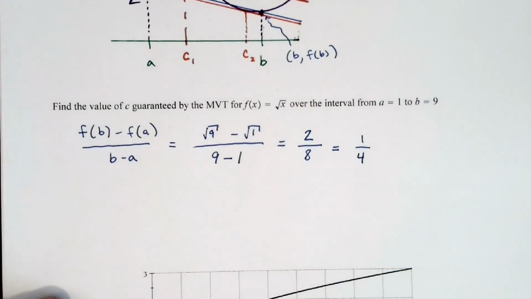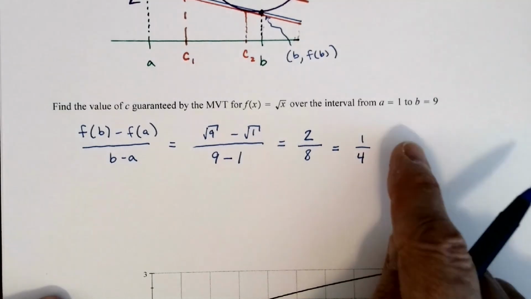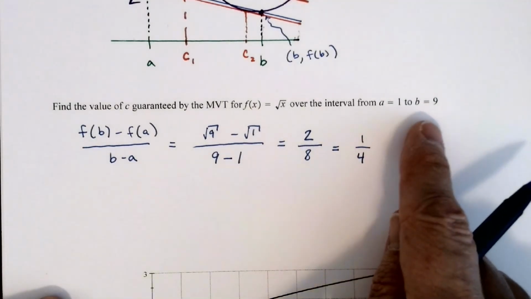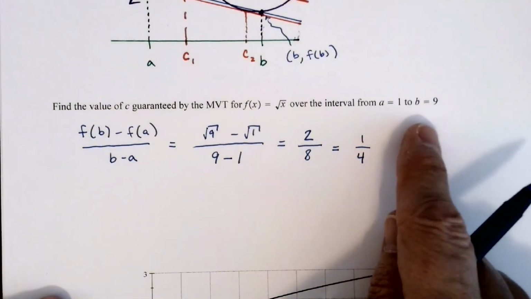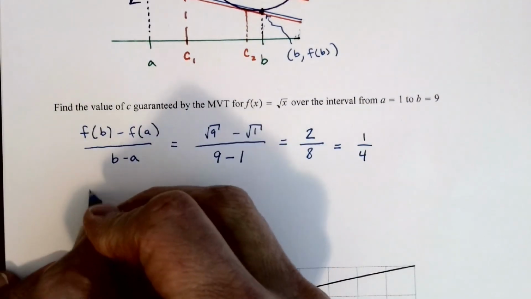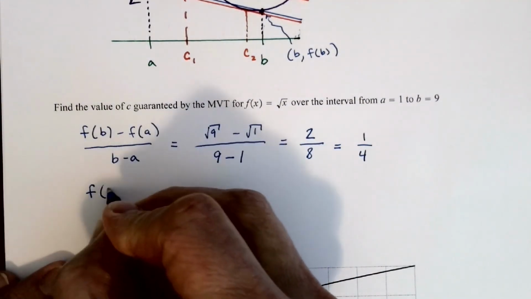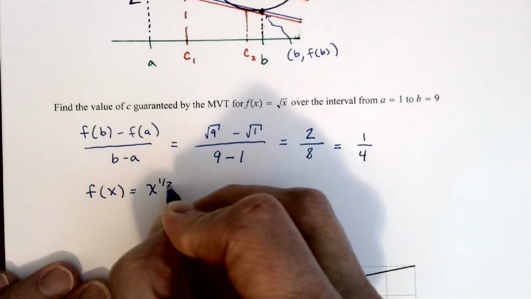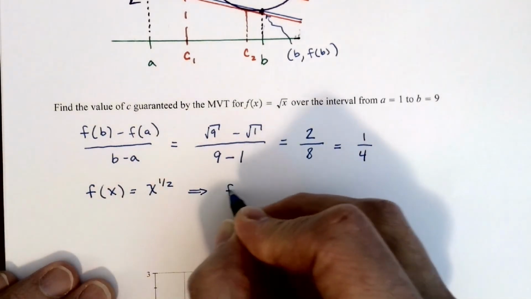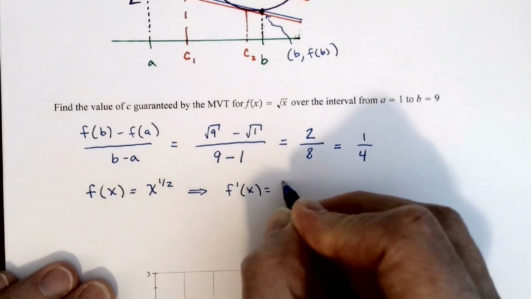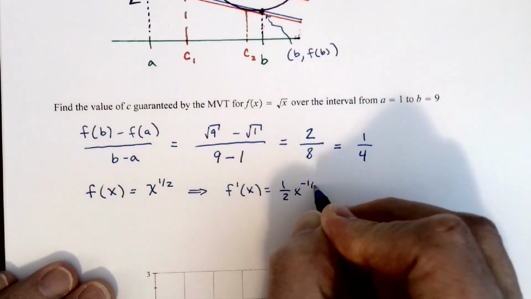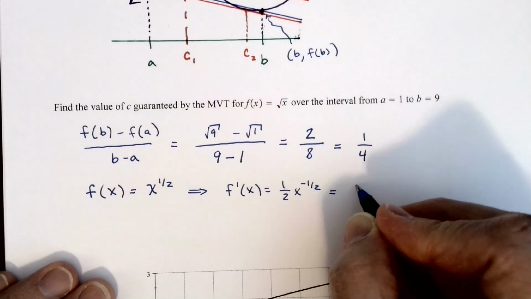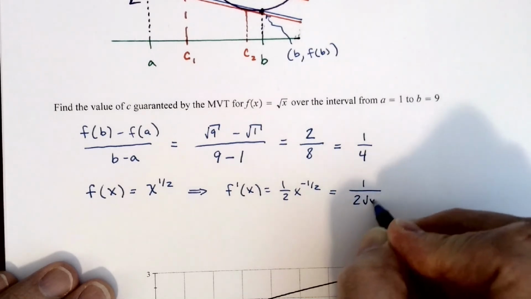All right. So we're guaranteed that the derivative of this function is equal to 1/4 for some value of x between 1 and 9. Right. Well, we're going to need to know what the derivative of this function is. So the function, right, is square root of x, or x to the 1/2, and so the derivative is, by the power rule, 1 divided by 2 square root of x.